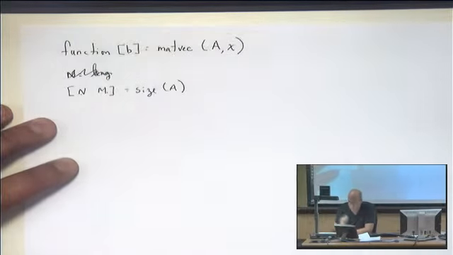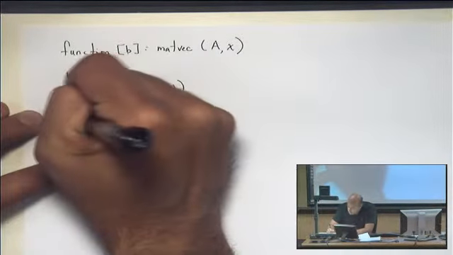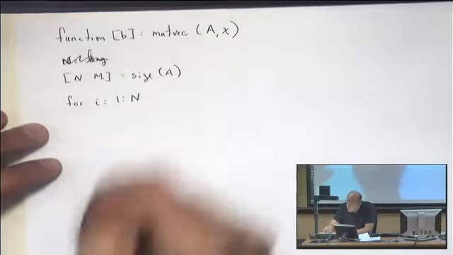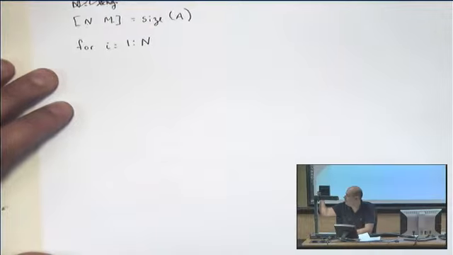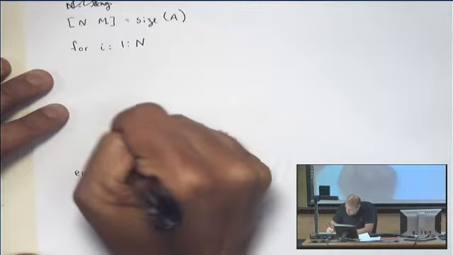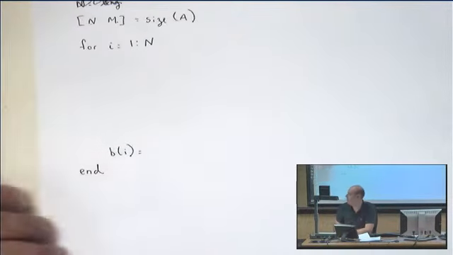N is going to be the length of B. And I want to go for i is equal to 1 to n. I can come down here and put my n. And B of i is going to be equal to something. All right? What is that something?